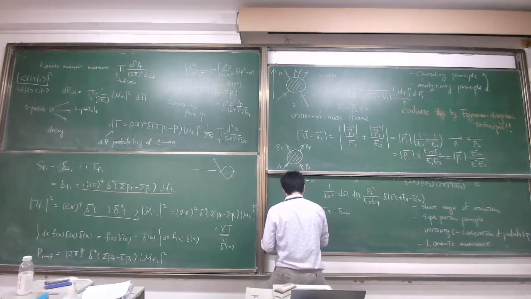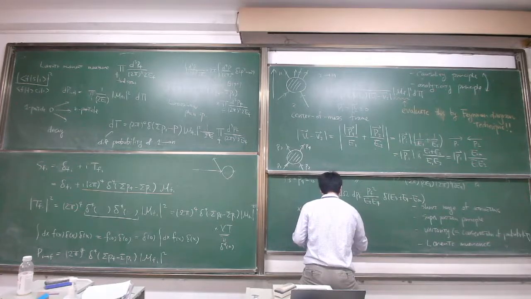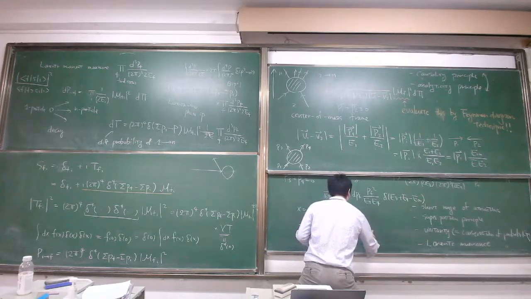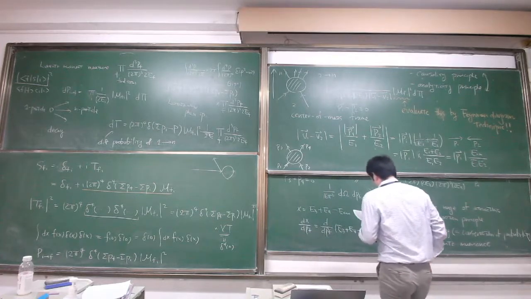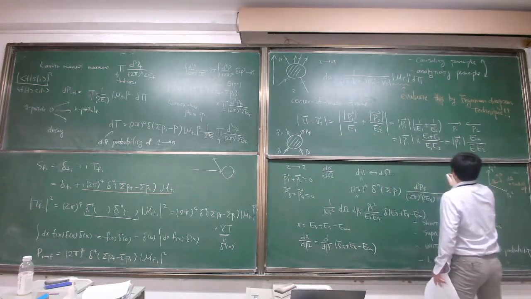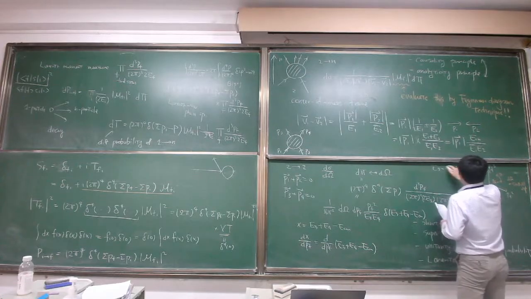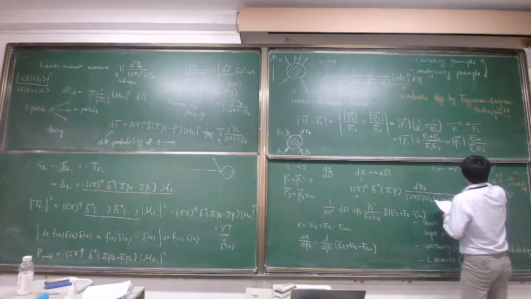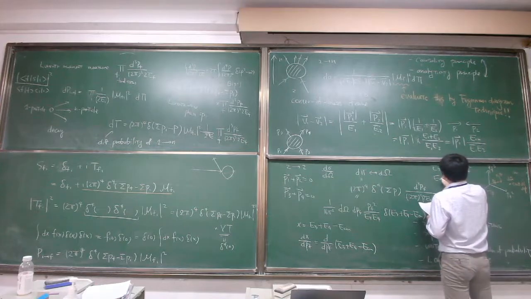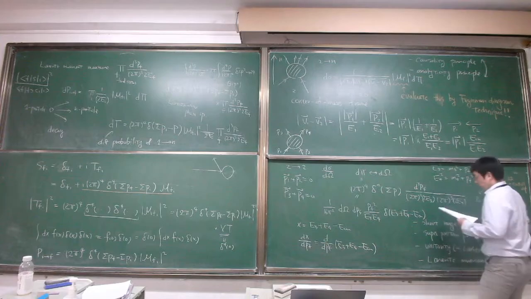So dx and df, you just do the change of variable. And this is equal to, note that E3 squared is equal to M3 squared plus P_F squared, and E4 squared is M4 squared plus P_F squared.